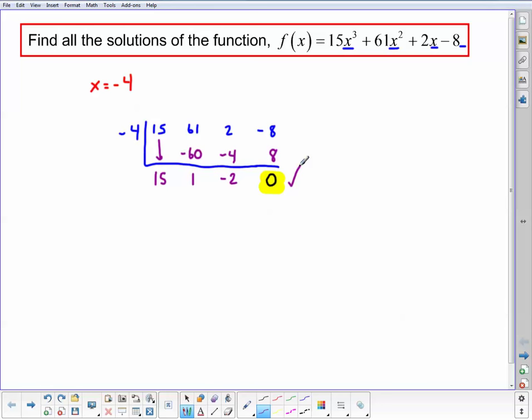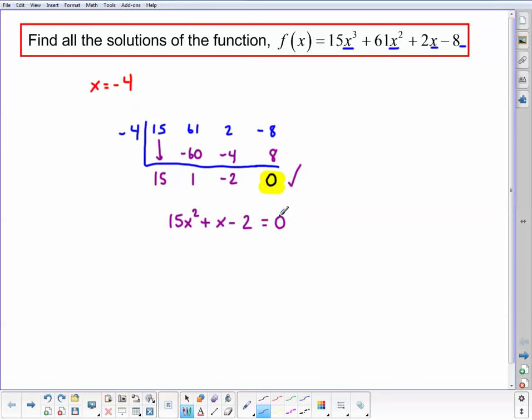Now I can take my polynomial that's left over, 15x squared. Remember, always take 1 off the power when you write the new polynomial. I'm going to take that new polynomial and set it equal to 0. We saw from the graphing calculator that those other 2 zeros were numbers that were rational.